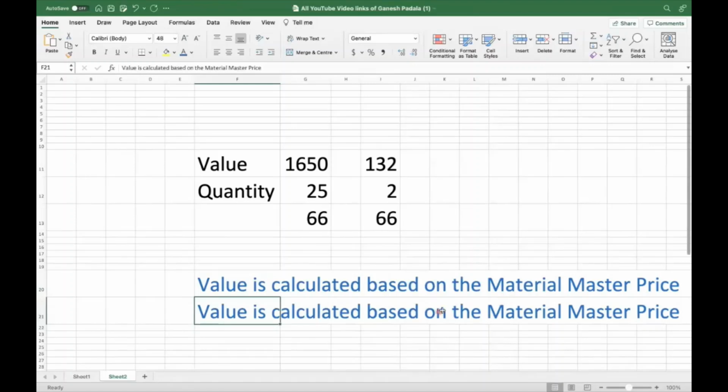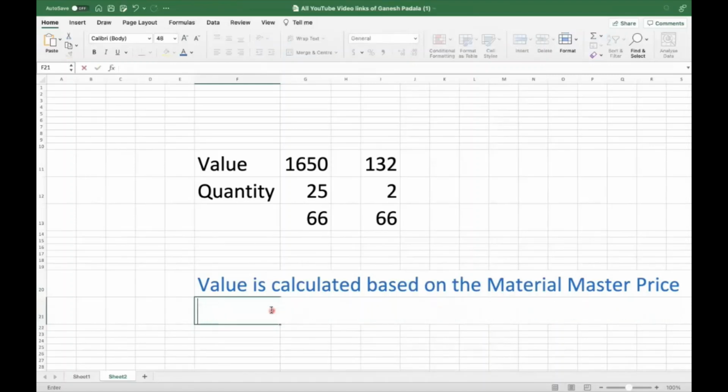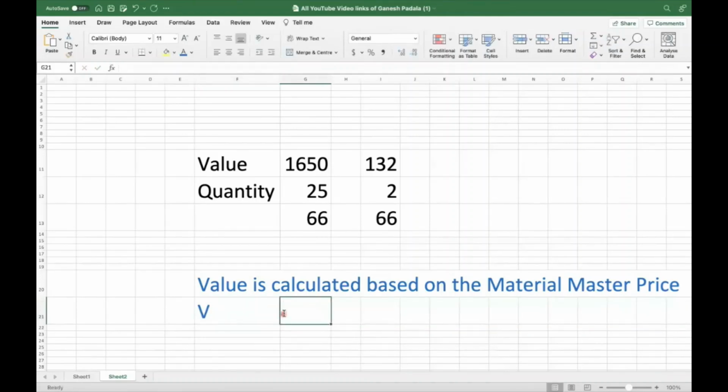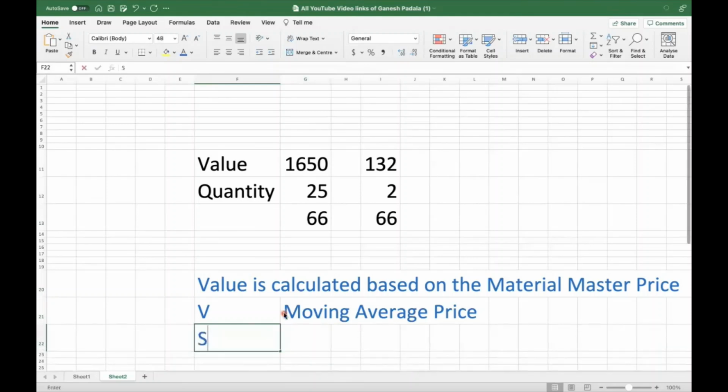Here, one point we need to highlight. If the price control is V, then it will be MAP. It will be moving average price. If the price control is S, it will be taken from the standard price.